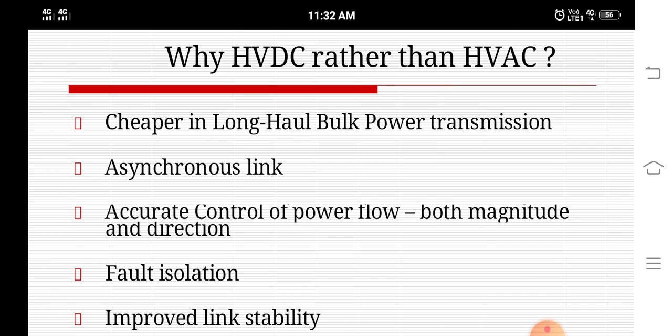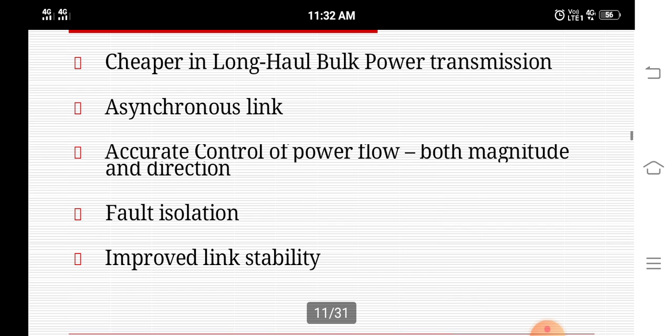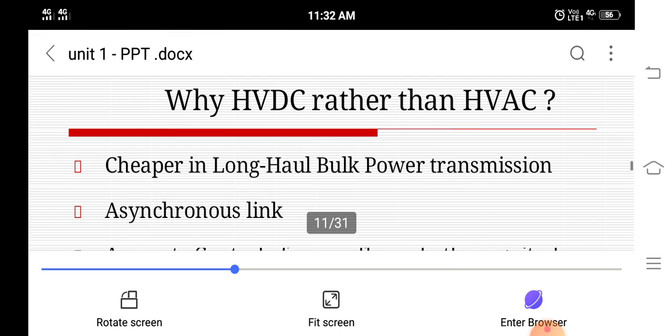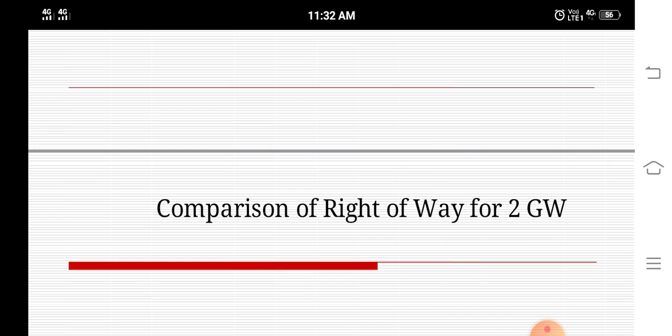Also accurate control of power flow, both magnitude and direction. Fault isolation is also provided. This provides improved link stability. So comparatively, HVDC is more preferable for long transmission lines.